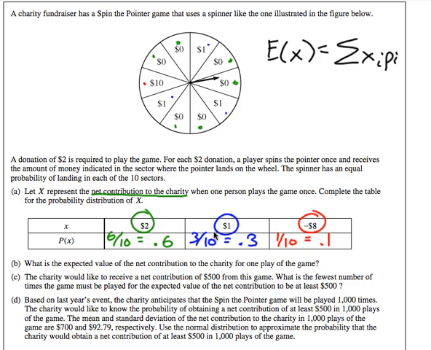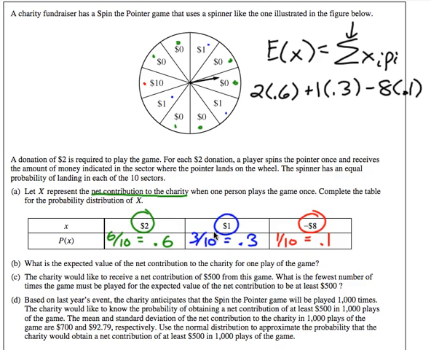We talked about this a lot yesterday for the multiple choice. So basically, you just take each value, so 2 times its probability, then plus the next one times its probability, and the next one times its probability. This symbol right here means add them up. So take each value times its probability and add all of those up.